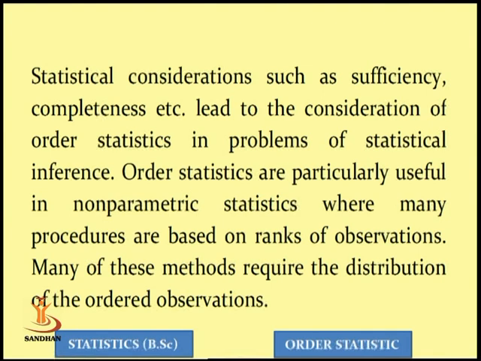For example, when we study non-parametric statistics, many procedures are based on ranks of the observations rather than the actual observations, and in such methods the distribution of ordered observations is important rather than just the distribution of the underlying random variables. So in such cases, the study of the behavior of order statistics is important, and that means in such situations it is important to study the probability distribution or probabilistic pattern of the order statistics.